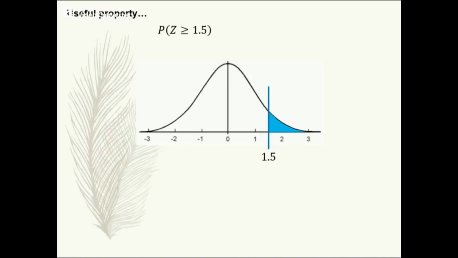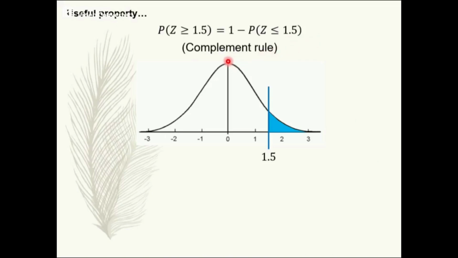Obviously the tables give you areas to the left. So using the complement rule, you can convert that into 1 minus the probability of Z being less than or equal to 1.5. And you can go straight to the tables, look for 1.50 and find the area to the left. Now, this is another way of thinking of it.